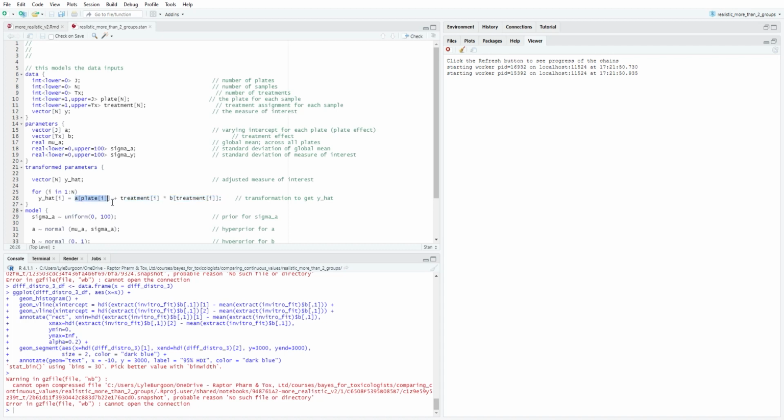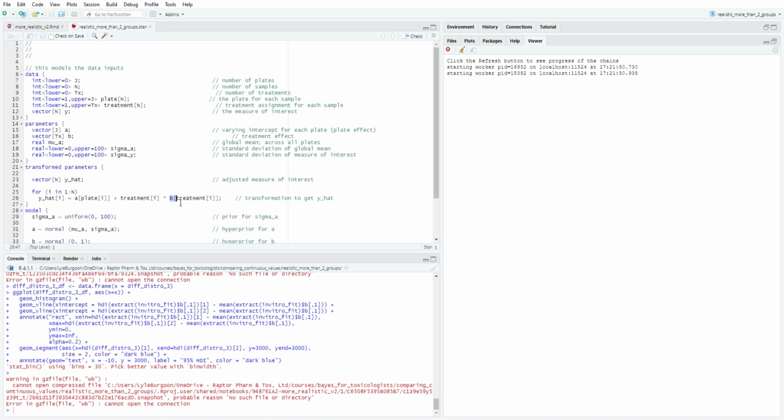And for each one of the samples, we are going to have this term here. This is the intercept, and it's going to be an intercept on a per plate basis, which means this is a varying intercept for each plate, more or less the plate effect. Okay. This right here is for our treatment effect.